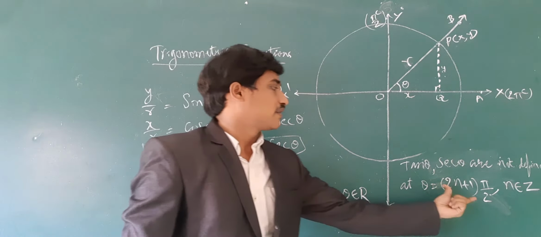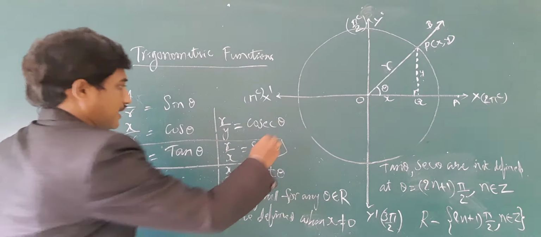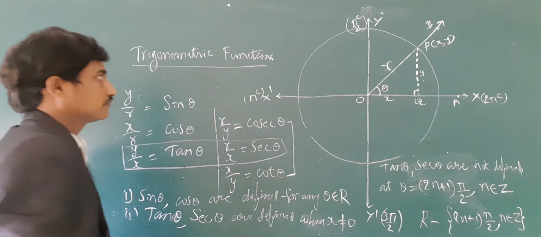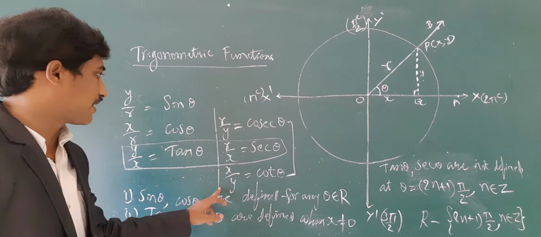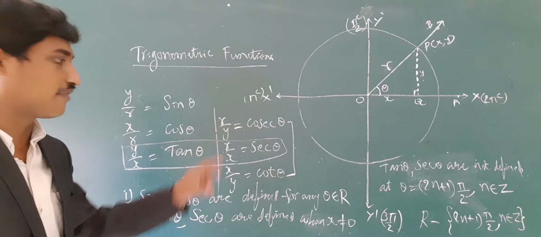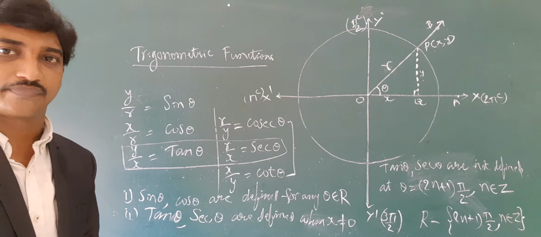Let us see one more: cot theta and cosecant theta. Cot theta is x by y, cosecant theta is r by y. The denominator of both is y. If the y value is 0, cot theta and cosecant theta are both undefined.